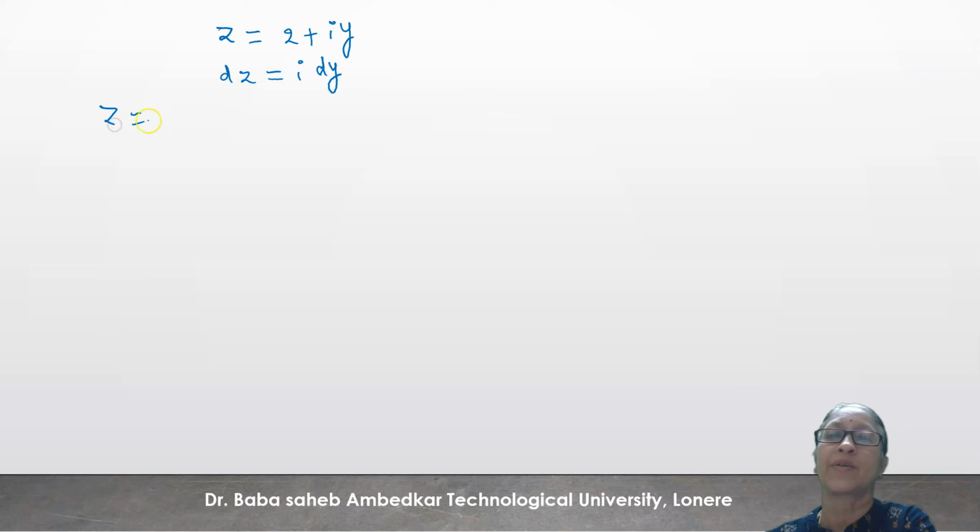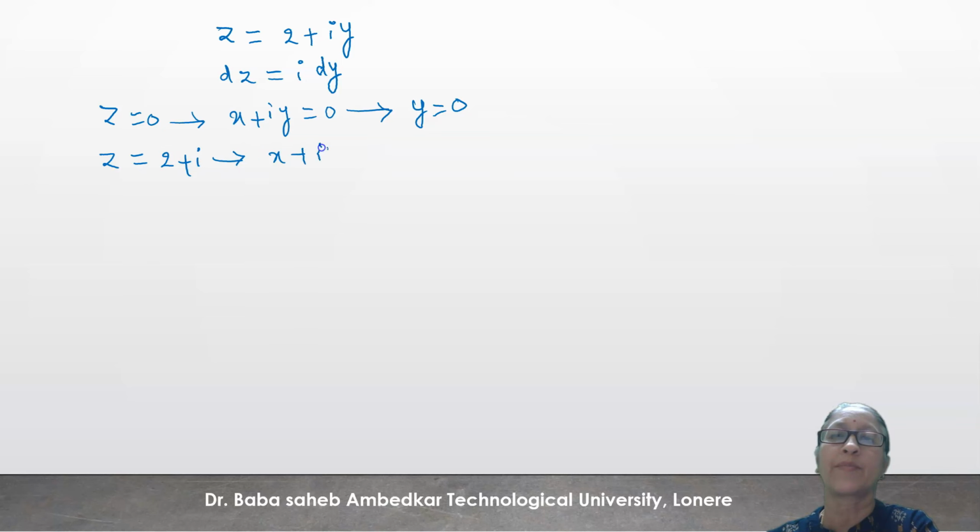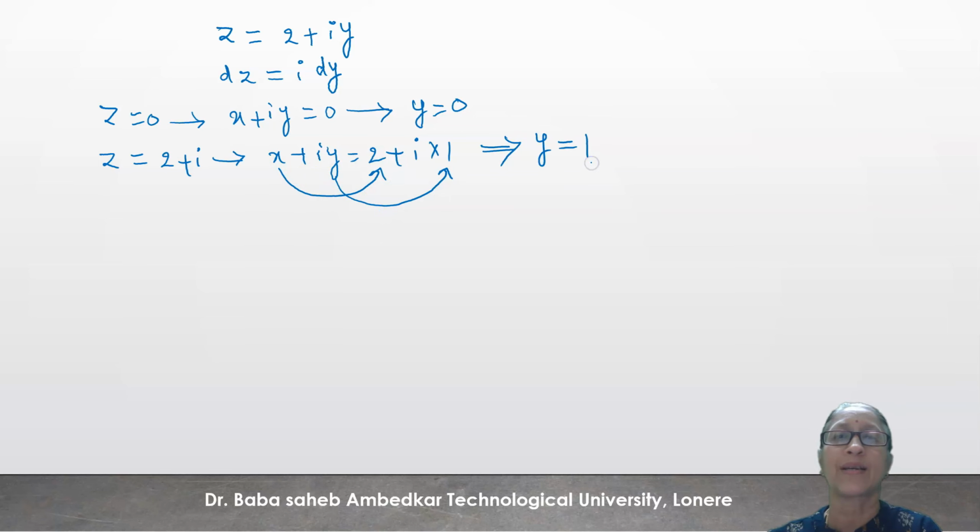Now z equal to 0 implies x plus iy equal to 0, that is y equal to 0. Now z equal to 2 plus i implies x plus iy equal to 2 plus i into 1. Now compare these two. Here value of x is 2, value of y is 1. Here we need value of y, so y equal to 1.